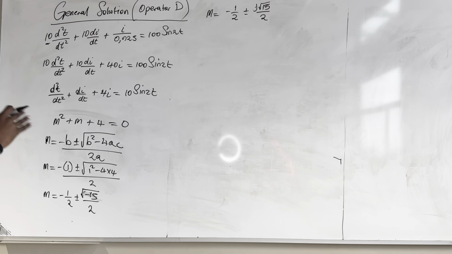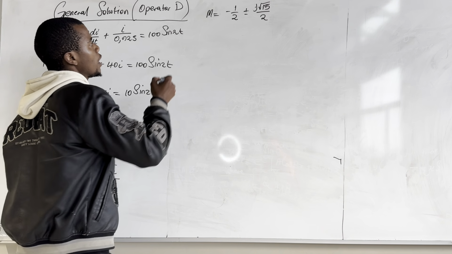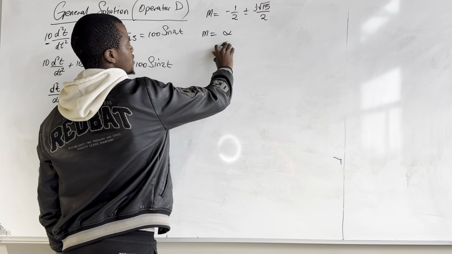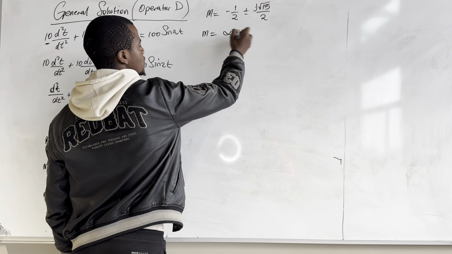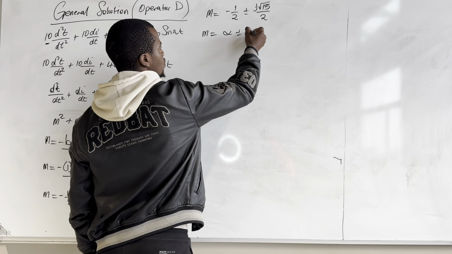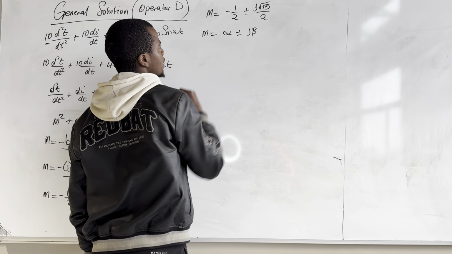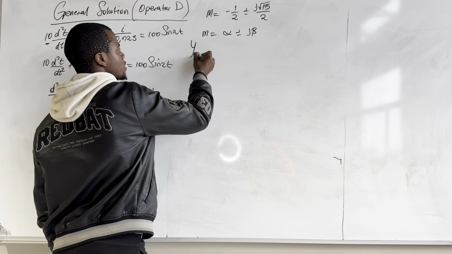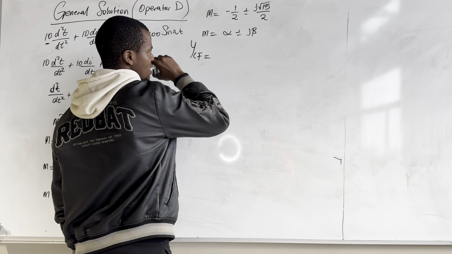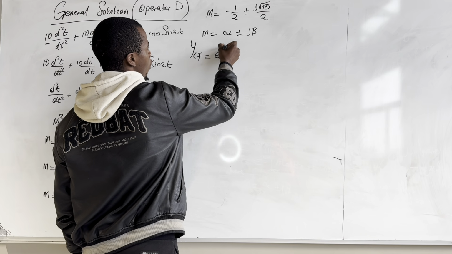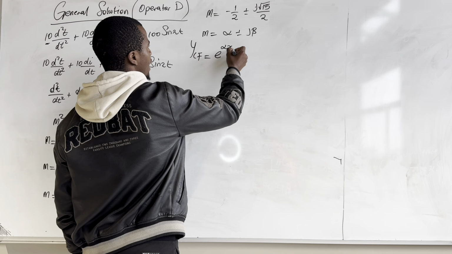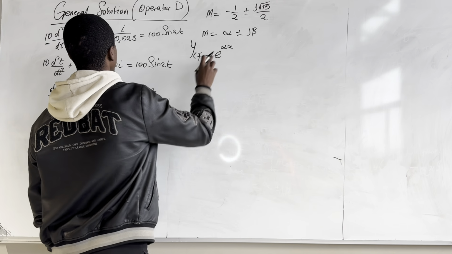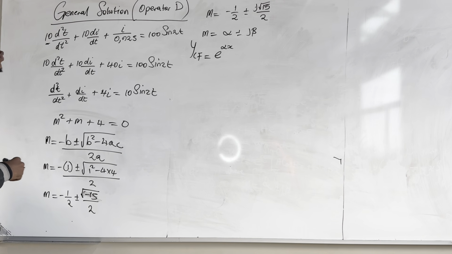So this is our complex number. Remember, your m goes like this: it is alpha plus or minus j beta. So our complementary function is e to the power of alpha x, but here we do not have x. You need to take note of that.